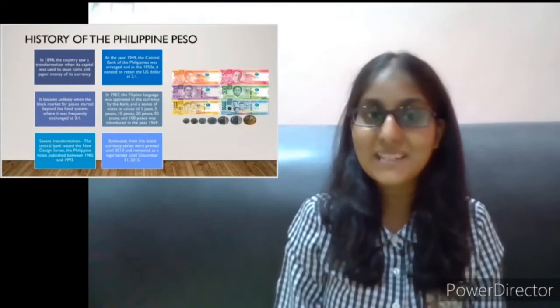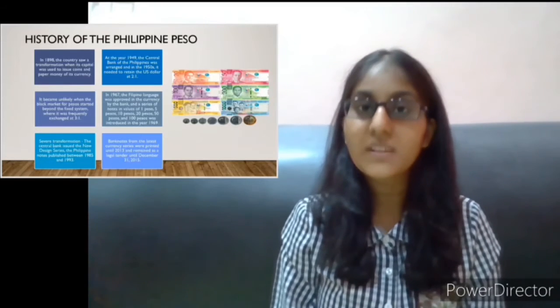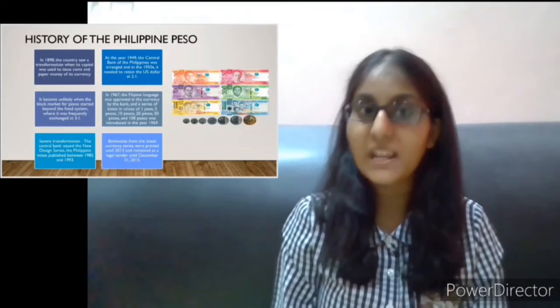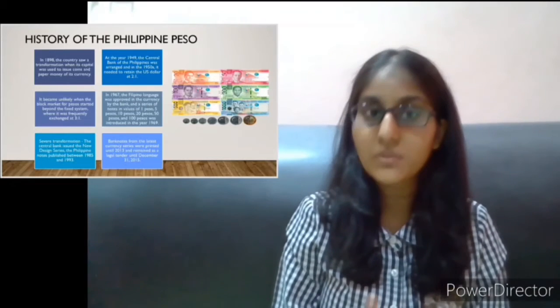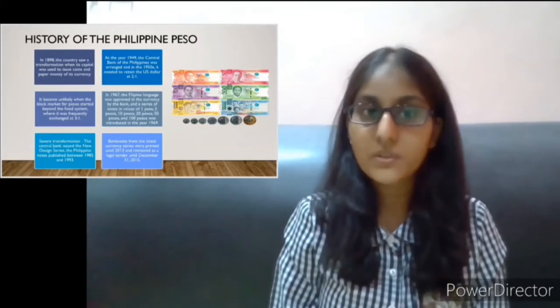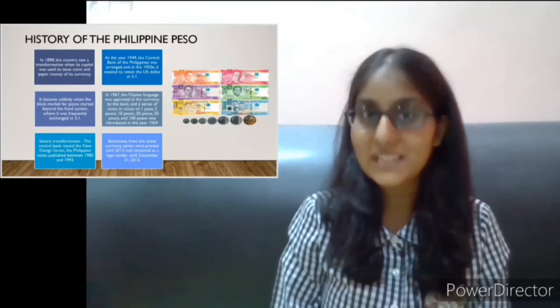In 1987, new 500 PHP notes were introduced. The first 1000 PHP notes were introduced in 1991, and in 2002, 200 PHP notes were released. The name New Design Series refers to the Philippine notes published between 1985 and 1993.